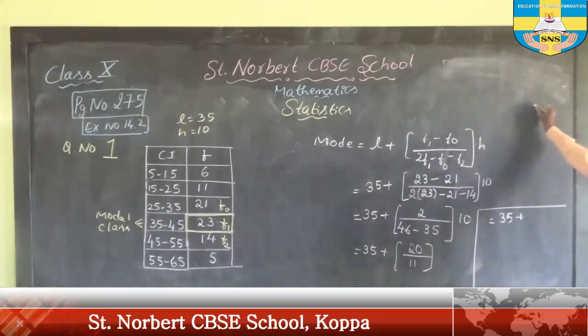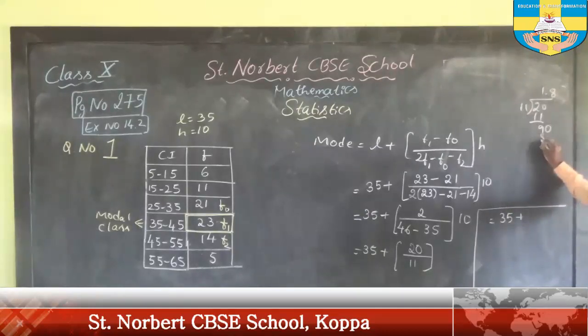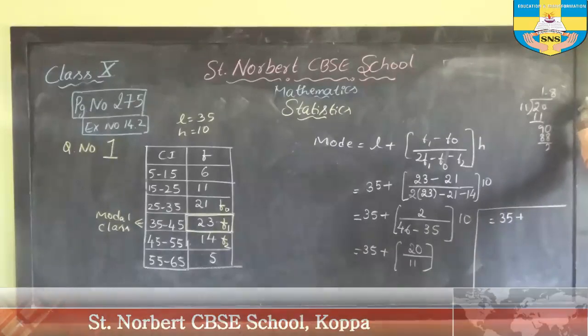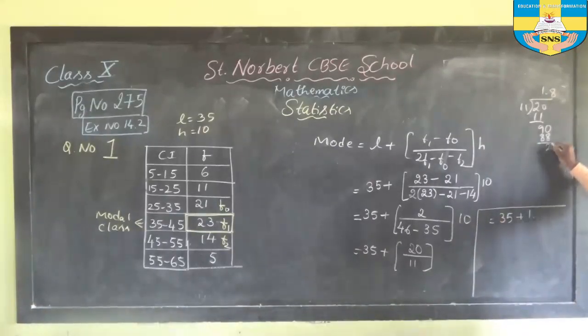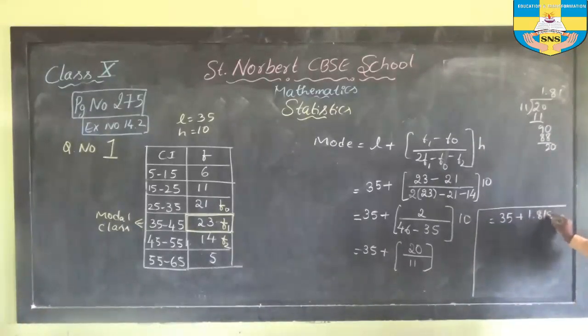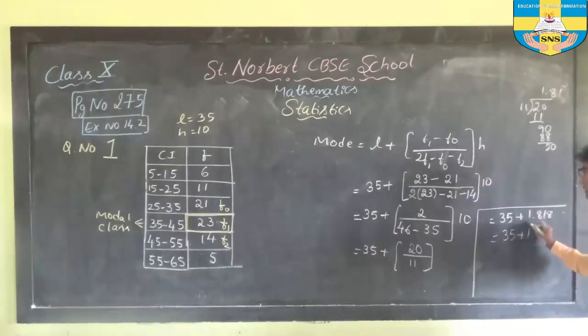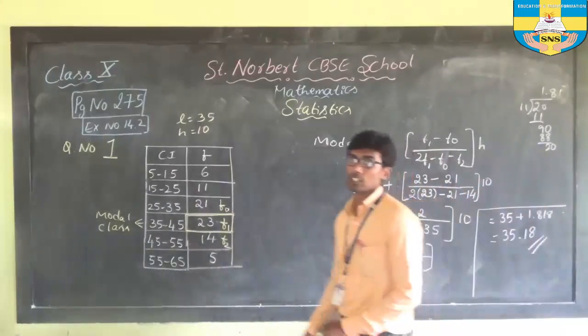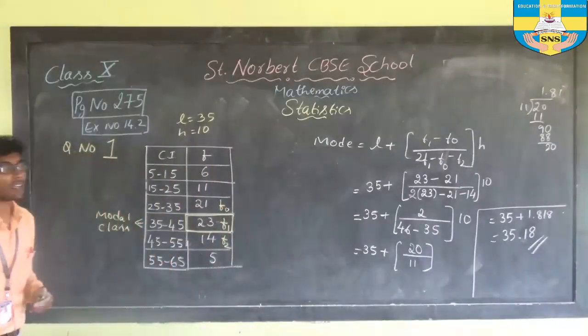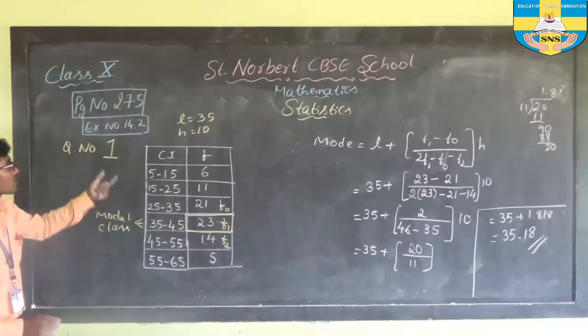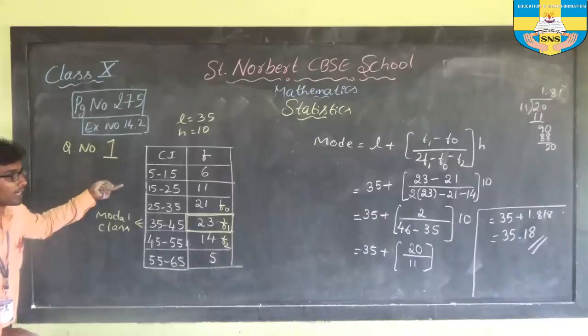So 20 by 11, if you do the calculation, 1.818, it carries. So you can write, I think, 36.8. This is the answer for the first question. 13.18 is the answer for exercise 14.2, question number 1.